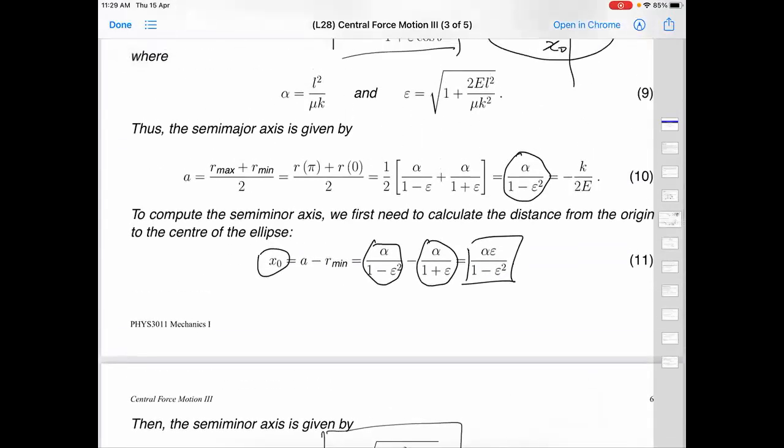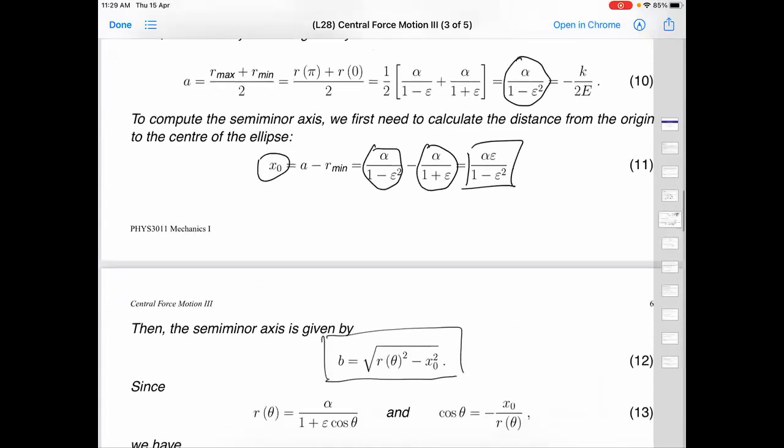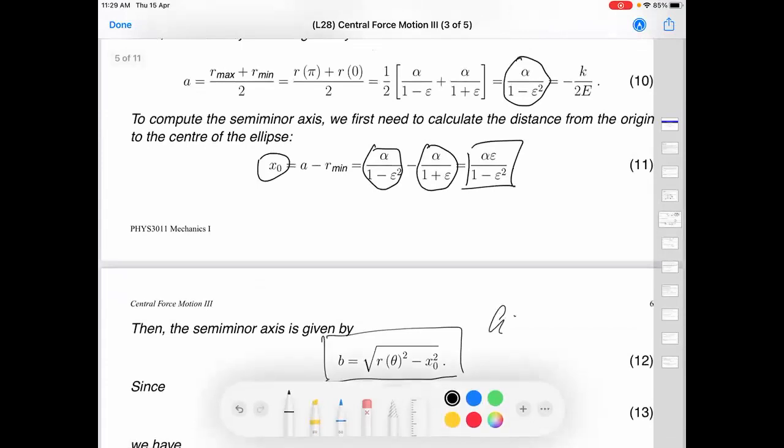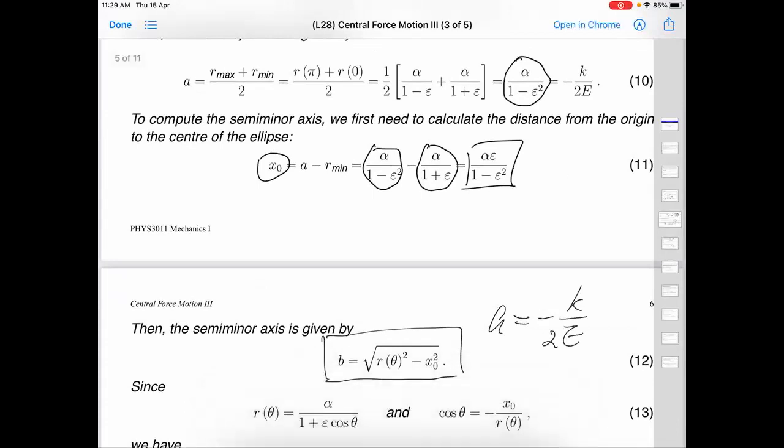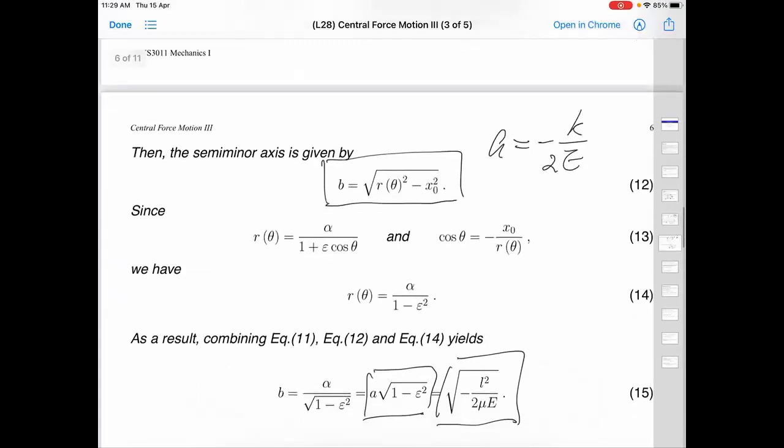Okay. So we have A equal to minus K over 2E. B is equal to minus L square over 2 mu E, overall square root.